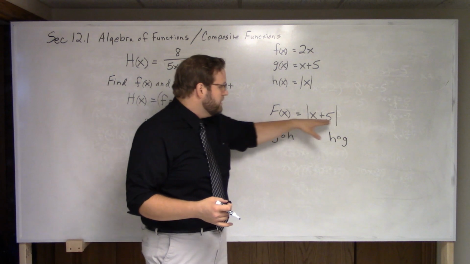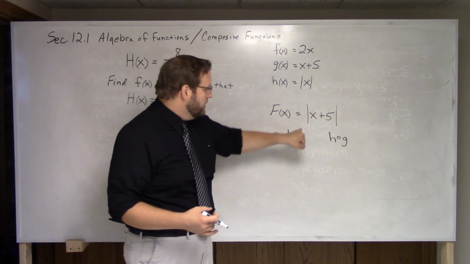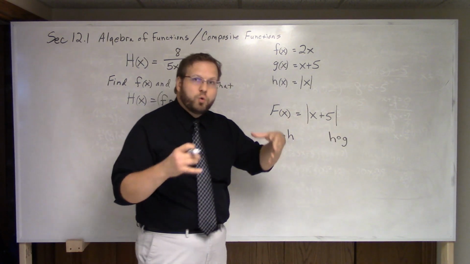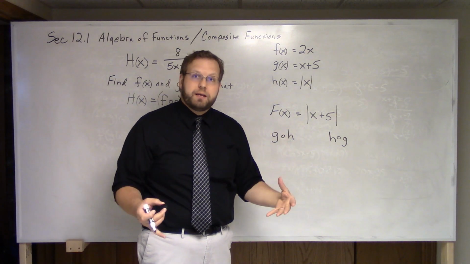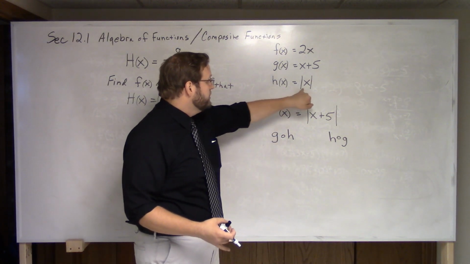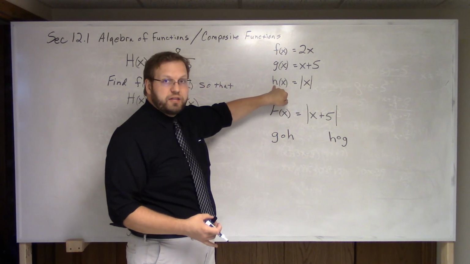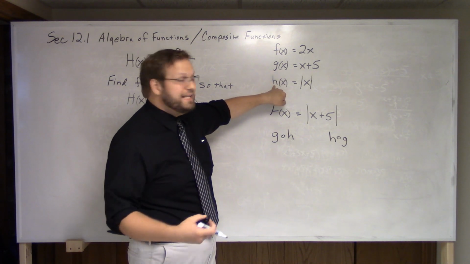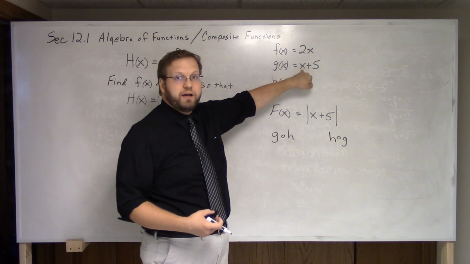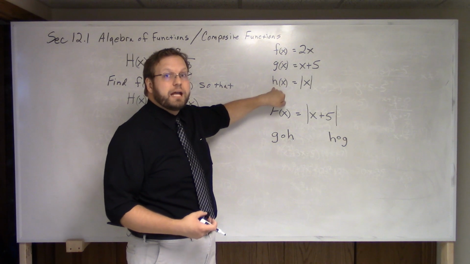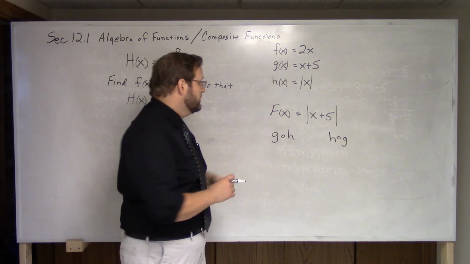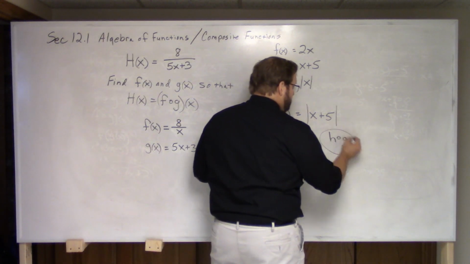What's the big, all-encompassing idea here? We've got that absolute value holding it all together. That's your frame. So the absolute value is h. So we should be starting with h, and then what do we put into h? The x plus 5. So we start with h, and then we plug in g. So what we would be looking for is that.